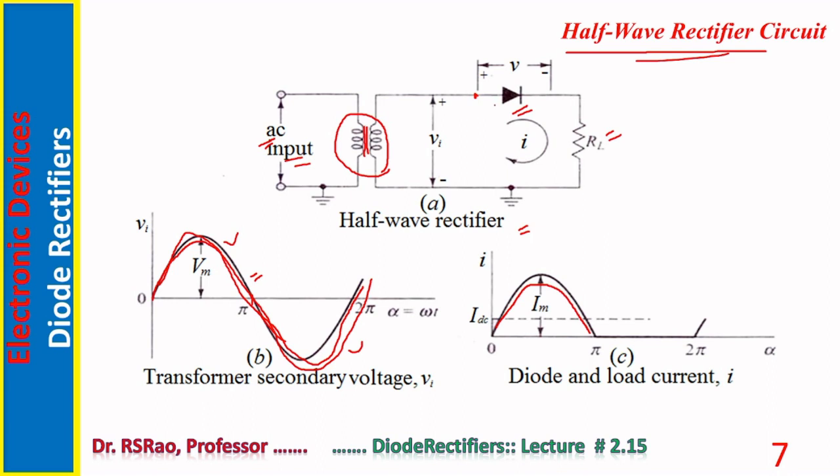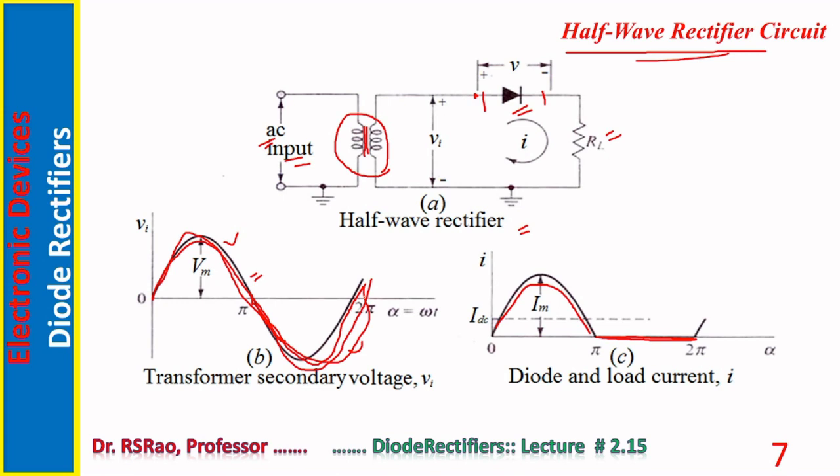Entire voltage that is applied across the rectifier circuit by the transformer secondary appears across the diode, across the open circuit, and no current flows. Therefore, voltage across RL is 0. So current is 0 during negative half cycle. The current is shown as 0 in the negative half cycle. Of course, voltage across RL also becomes 0.